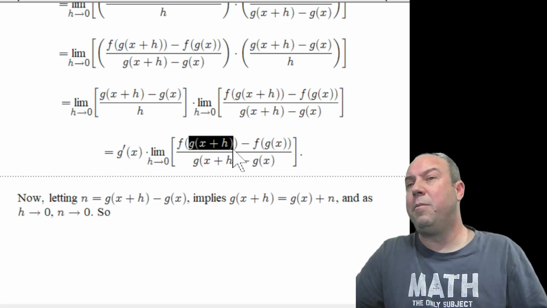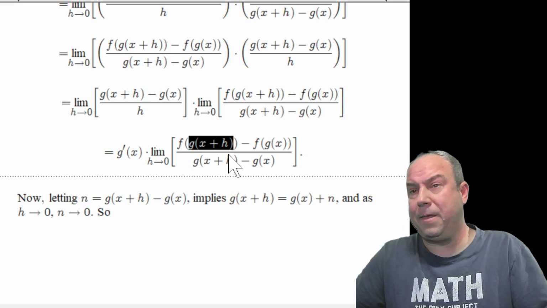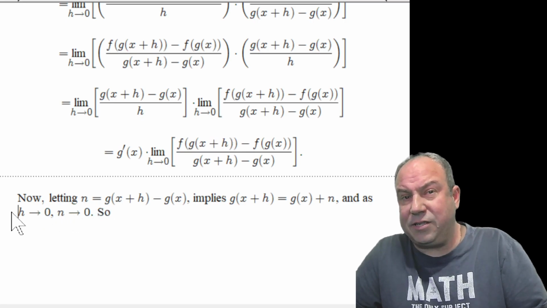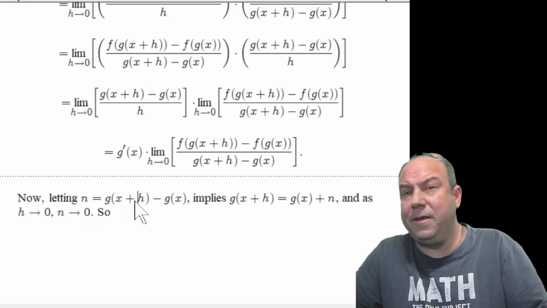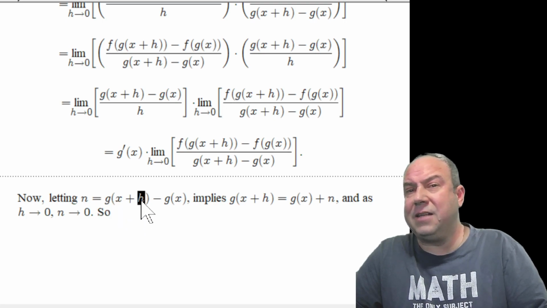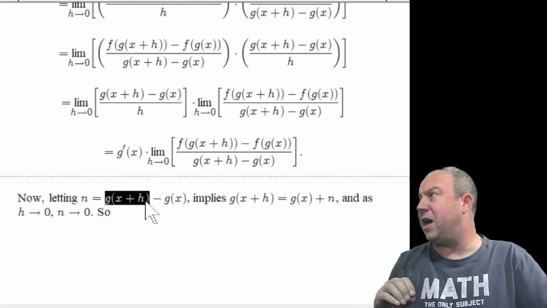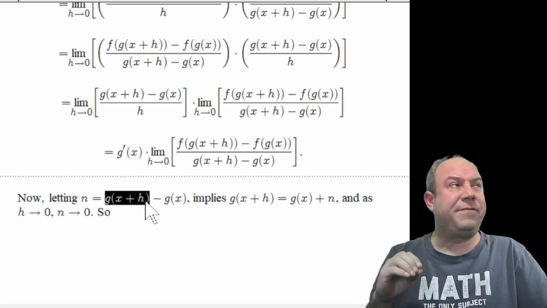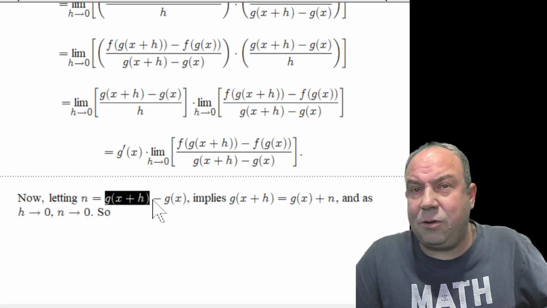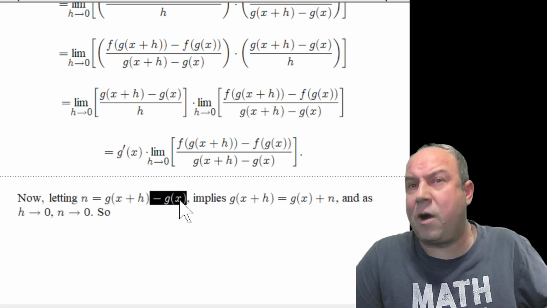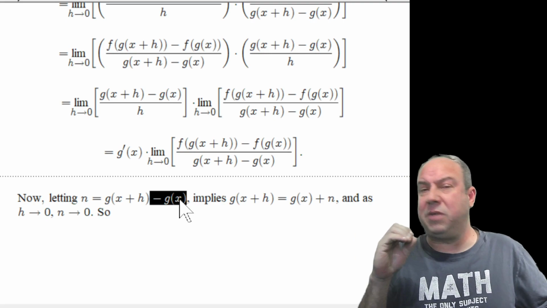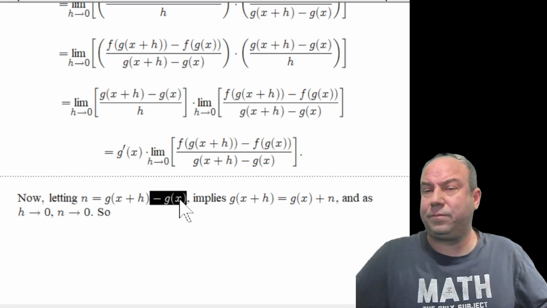So this g of x plus h up here in this argument for f can get replaced with g of x plus n. And we should also note as h heads to 0 in this statement for n, this value g at x plus h is going to head to g of x. And if that heads to g of x and we're taking g of x away from that quantity, that value is going to be heading towards the value of 0.